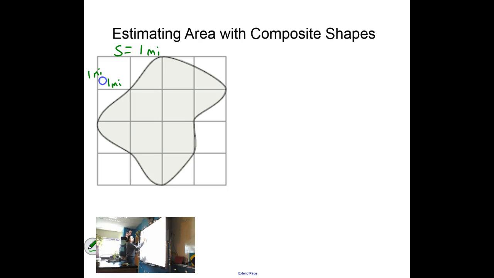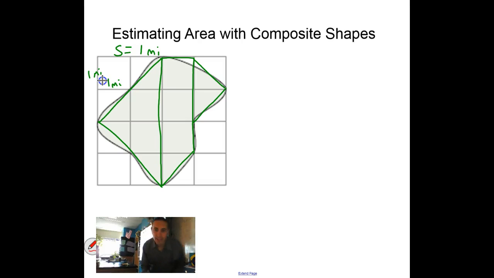I have a triangle, I have a trapezoid, that looks more like that, and then I have another triangle there. So what I have to do is find the area of each of these 3 shapes, and then add the areas together. Well, this triangle is one half.